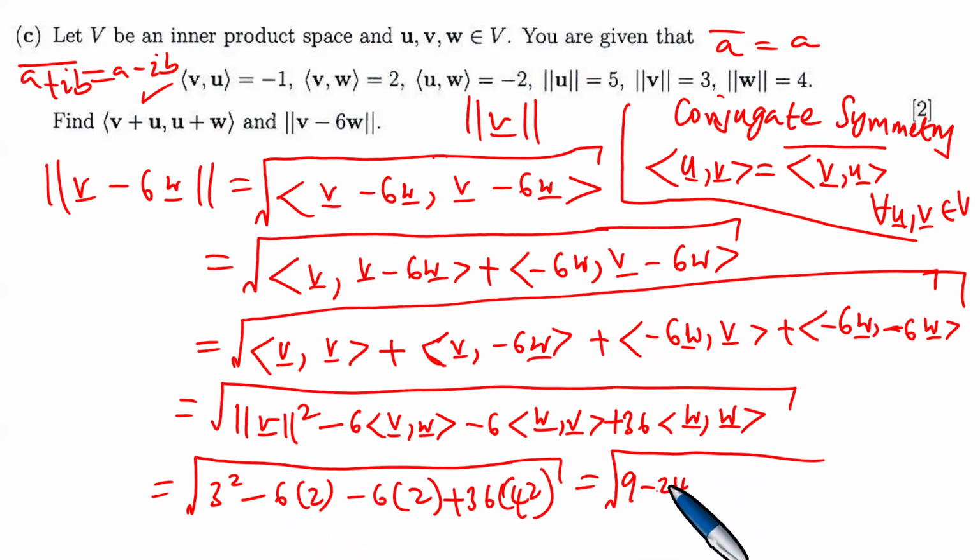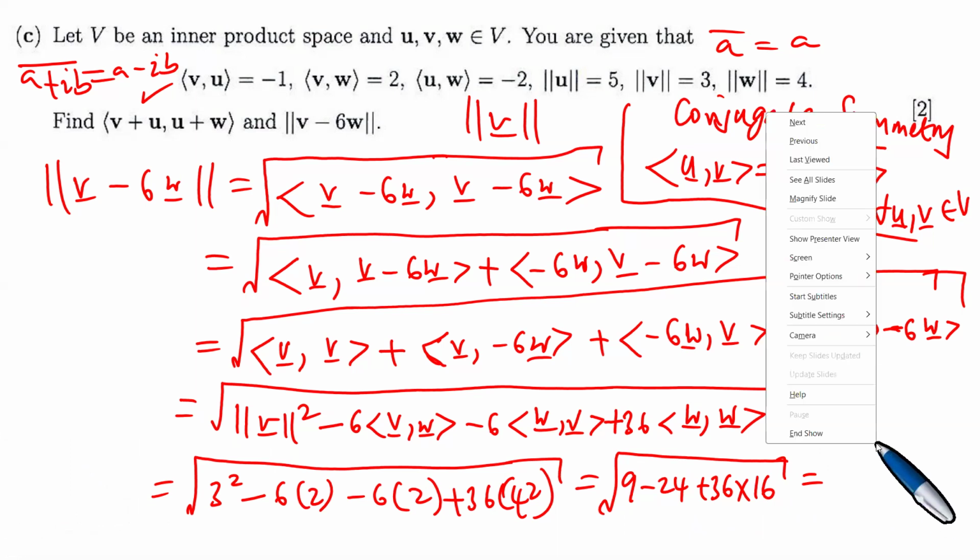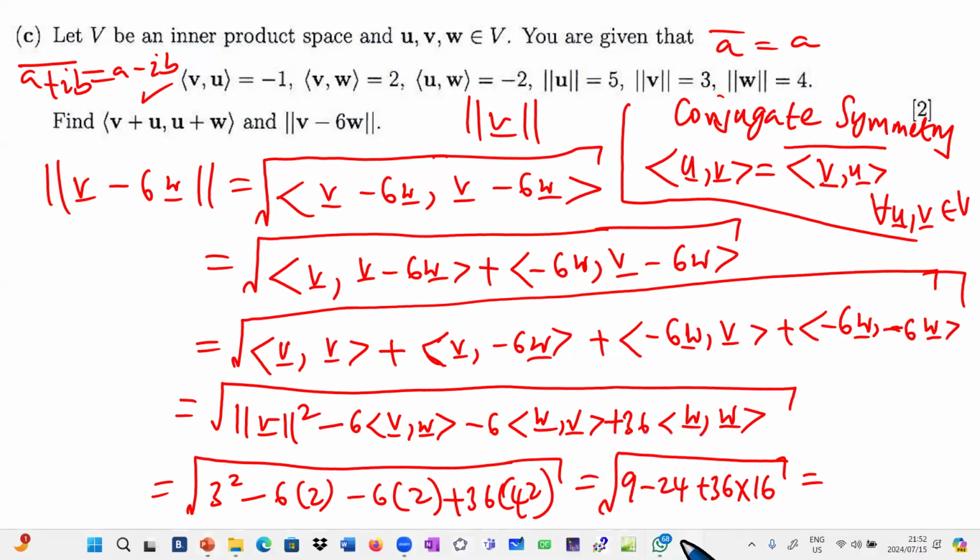And then we have 36 by 16. Not very nice numbers. We're going to use a calculator just to confirm our answer. But in mathematics sometimes we're not very much interested in the numerical answers. We're interested in the logic and the principles. Once you get the logic, then you go on.